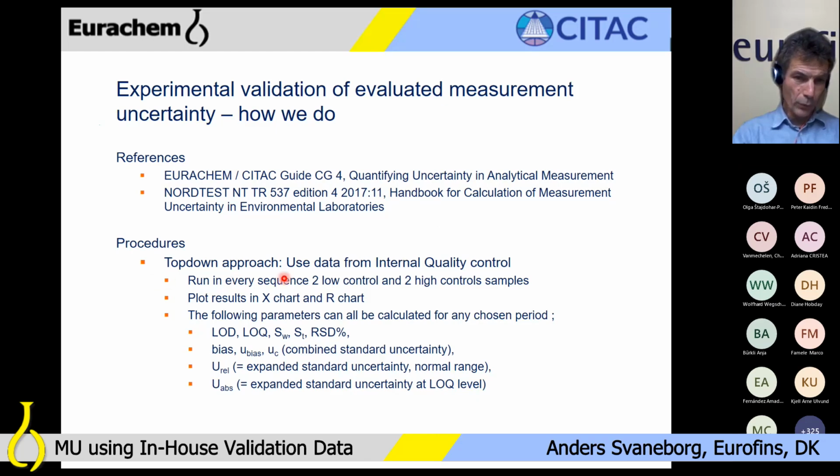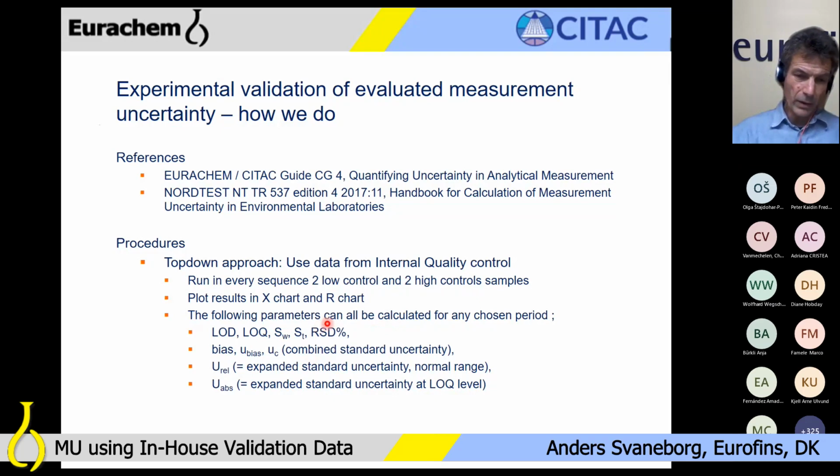We use the top-down approach. We use data from internal quality control. In every sequence we run 2 low control samples and 2 high control samples, and the results are plotted into X charts and R charts.